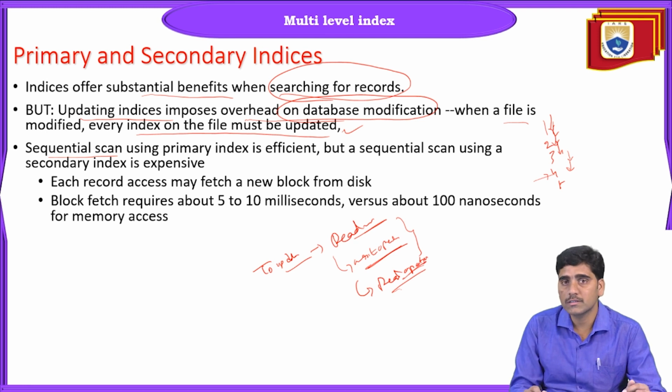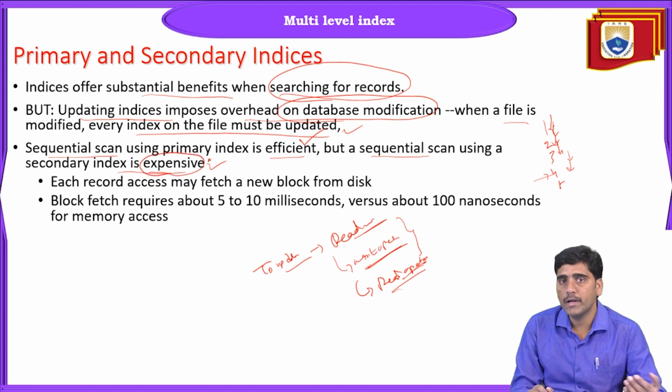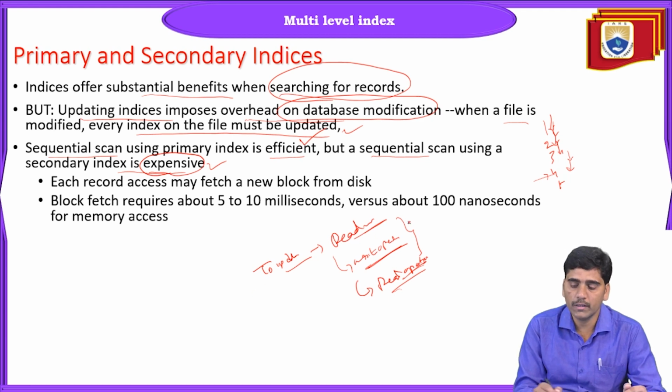A sequential scan using a primary index is efficient, but a sequential scan using a secondary index is expensive, because maintaining those index records is expensive. With a primary index we maintain one type of bucket, but for the secondary index we need to maintain another type of bucket, so it costs a lot.